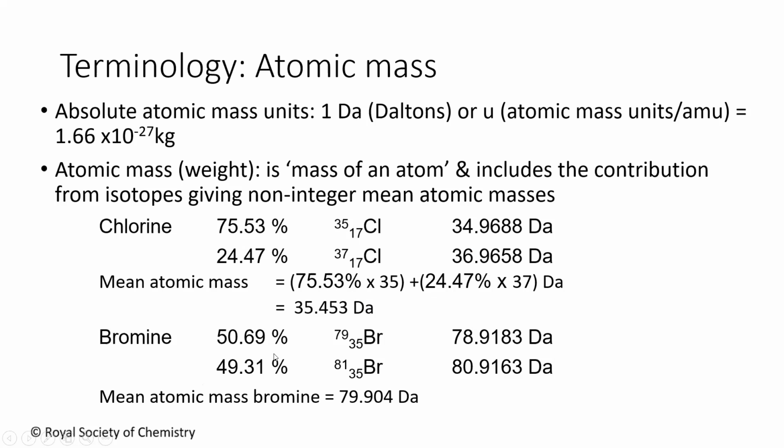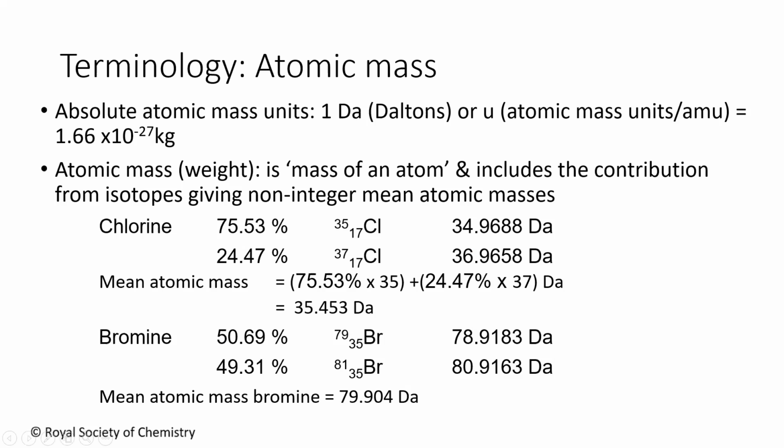Another halogen that exhibits isotopy is bromine. Bromine has an atomic number of 35, meaning that it has 35 protons, but the number of neutrons differ, and we have bromine-79 and bromine-81. Finding 50% of 79 plus about 50% of 81 will give us approximately 79.9, which is roughly 80 Daltons or 80 atomic mass units.